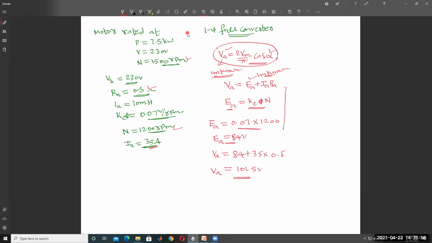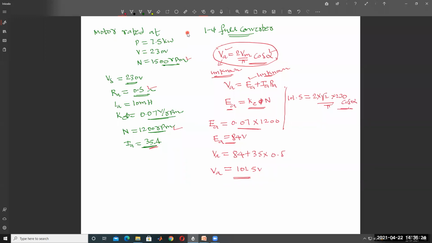So 101.5 is equal to 2 into Vm, where Vm is root 2 into 230 volts, divided by pi, into cos alpha.